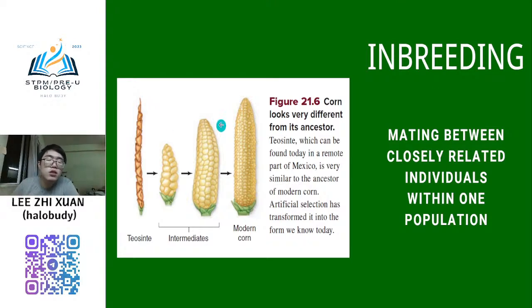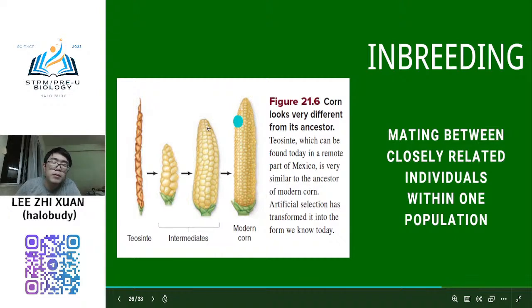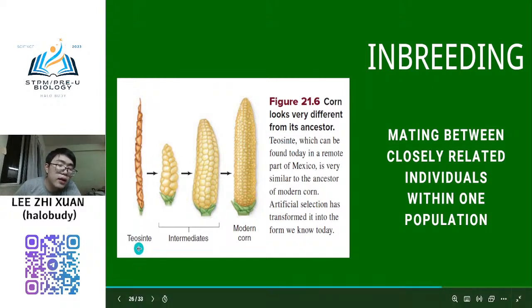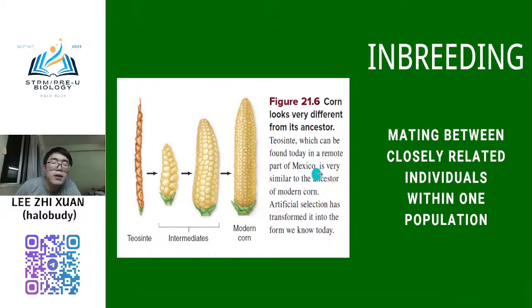One of the examples is corn. Corn looks very different from its ancestor. The teosinte, which can be found today in a remote part of Mexico, is very similar to the ancestor of the modern corn. And artificial selection has transformed it into the form we know today.